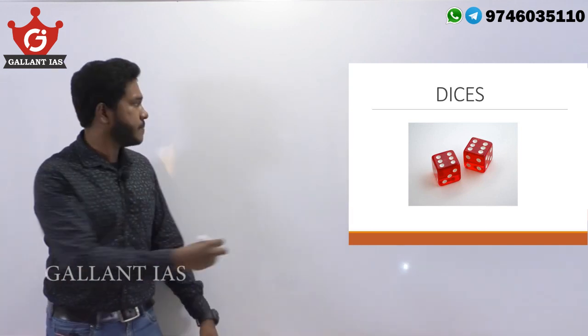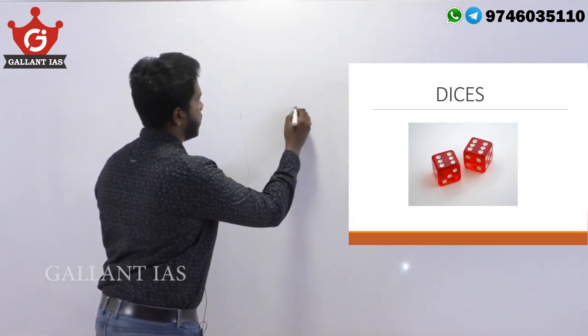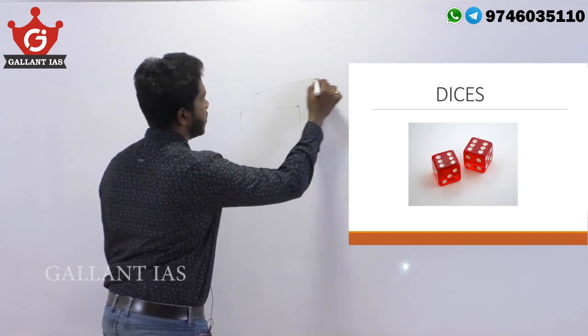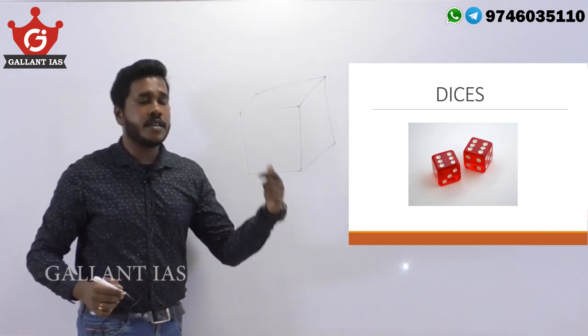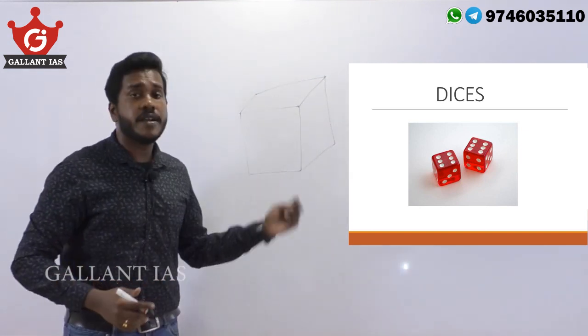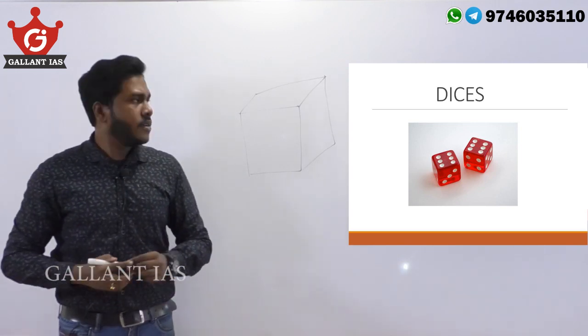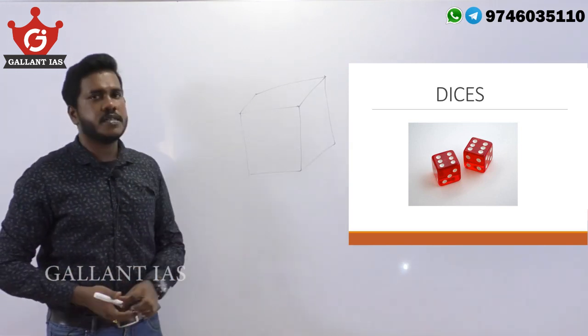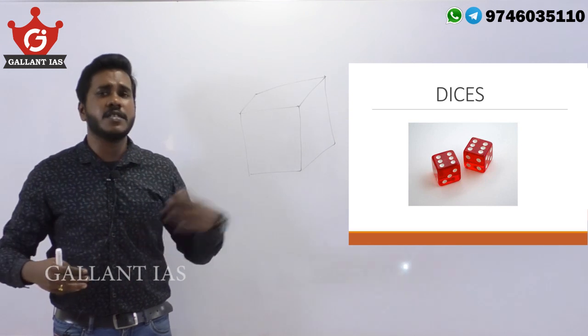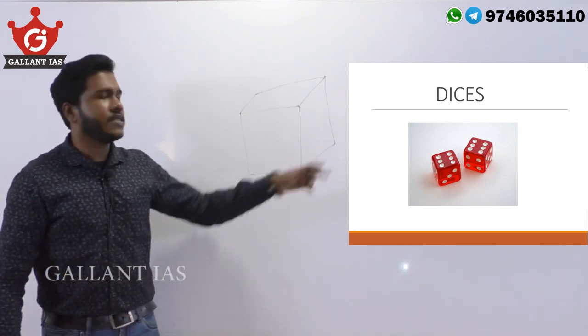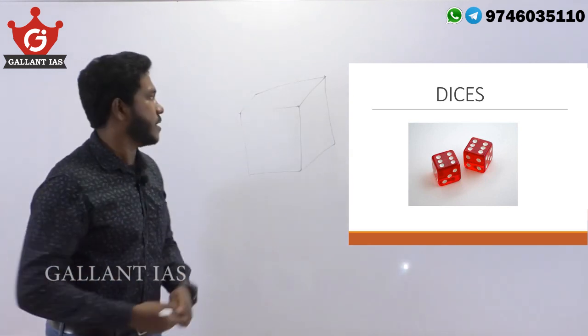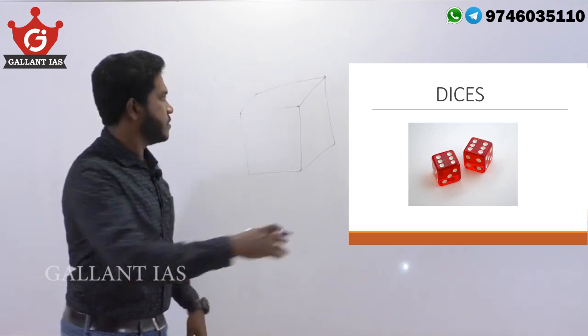Actually, we will be dealing with the cube in a separate section. It's very important in our CSAT paper. But as far as dice is concerned, we need some features of the cube in order to do certain problems in dices. So what are the features of a cube?